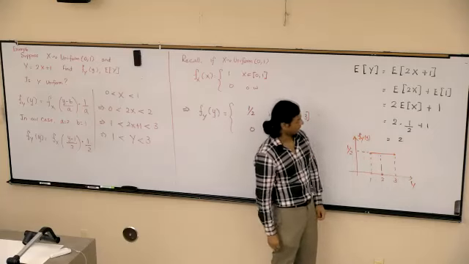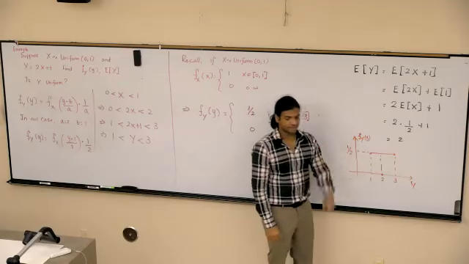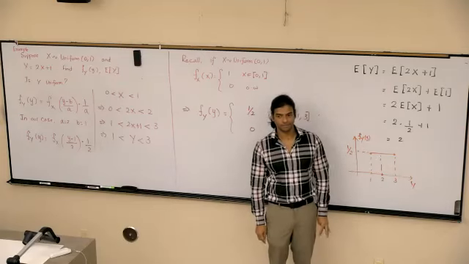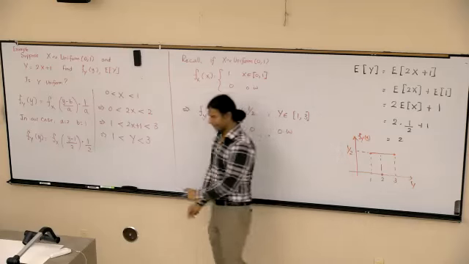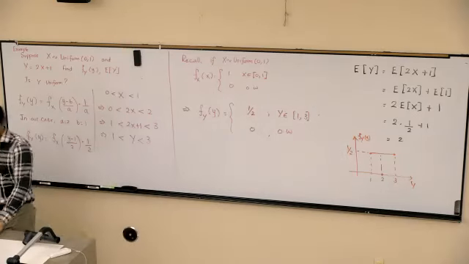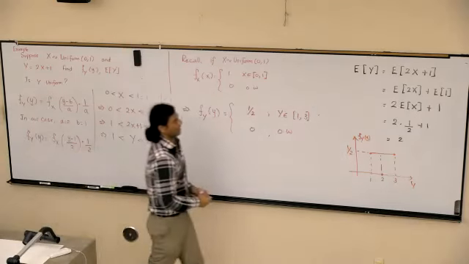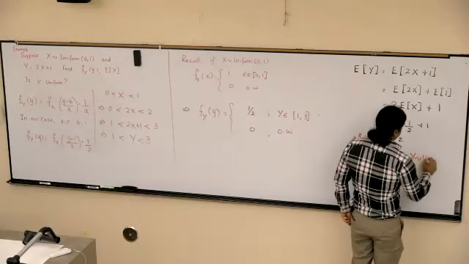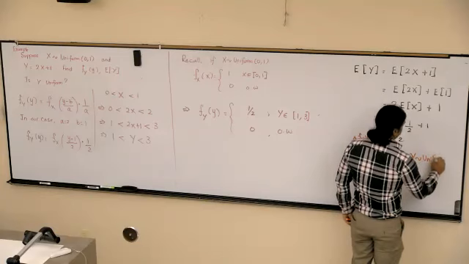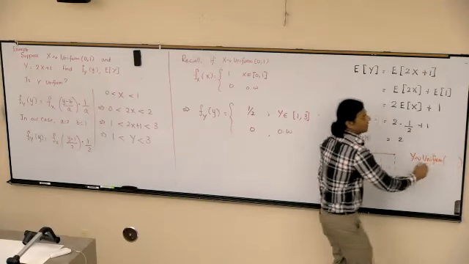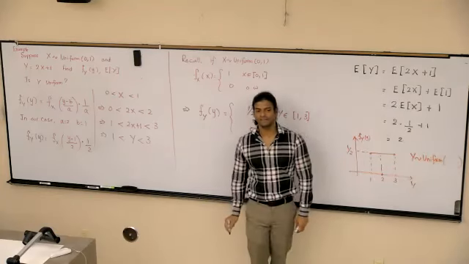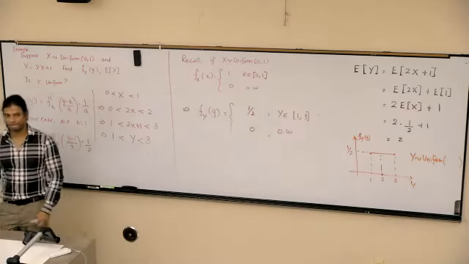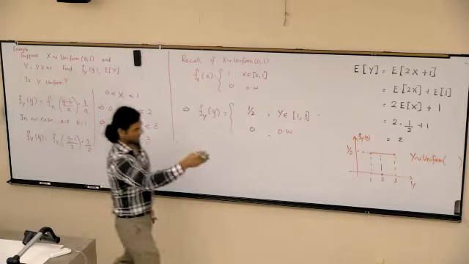And the mean is 2. Based on that information, is y a uniform variable? Yes. The y is uniform, and what are its parameters? 1 and 3.